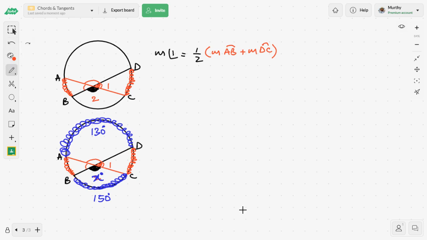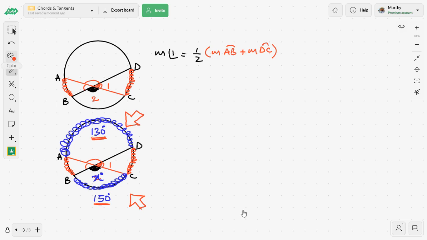Therefore, when you are asked to find the value of this one, you have to consider this arc, and the arc which is opposite to that. You have to consider both these arcs. Okay, you see that the values are given as 130, 150 degrees.